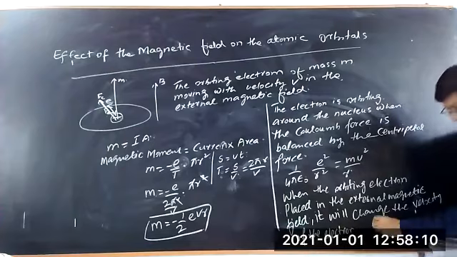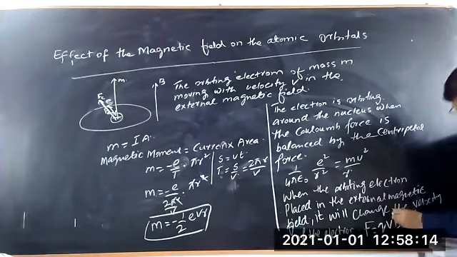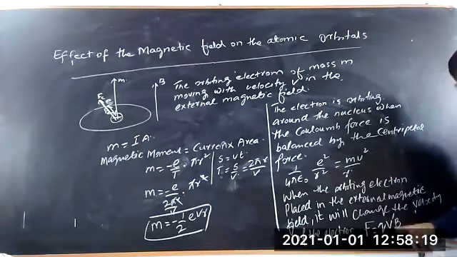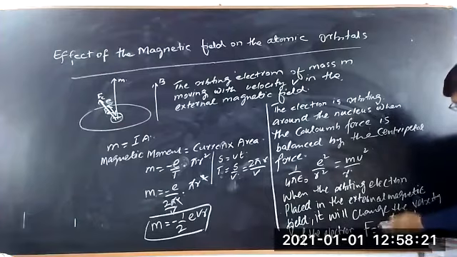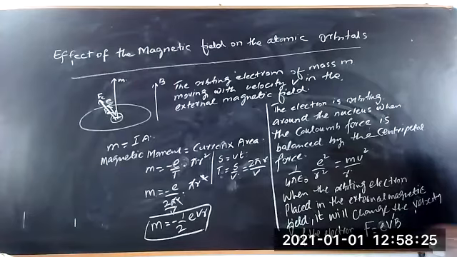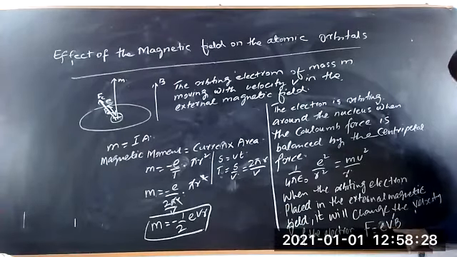And the force F is equal to, you know that, QV into B. So now the velocity is not V, but we call it V dash. And the charge is Q. Here we have a single electron, so E V dash into B. So this is the force on the charge when it is placed in an external magnetic field.